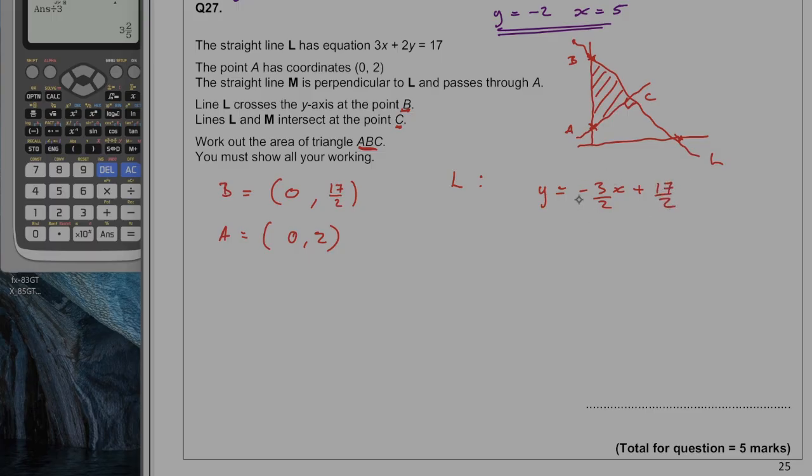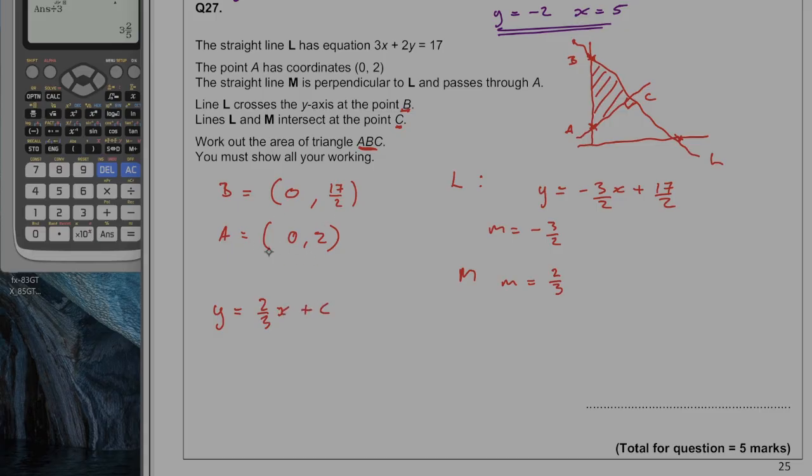So the gradient of L is minus 3 over 2. So the gradient of M is the negative reciprocal of that, so that would be 2 over 3. So we can then say that y is going to be equal to 2/3 of x plus c.